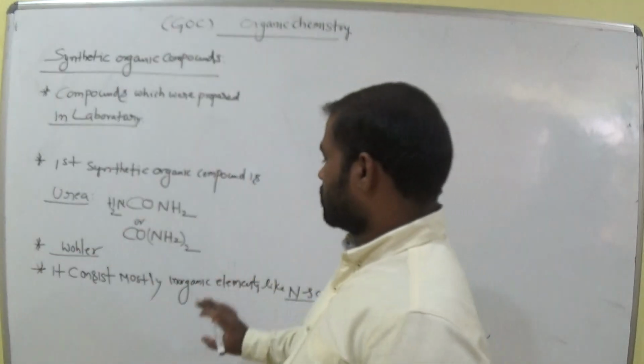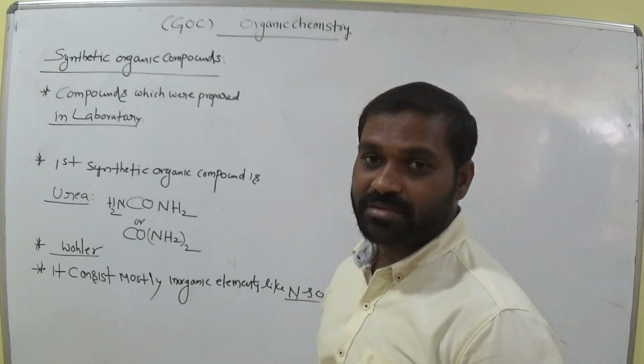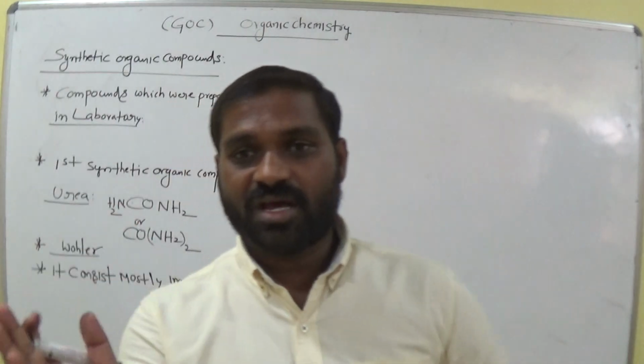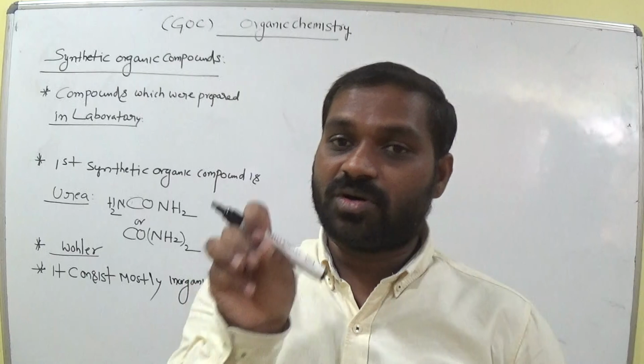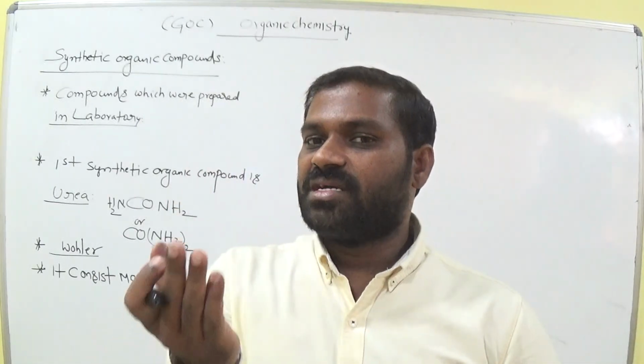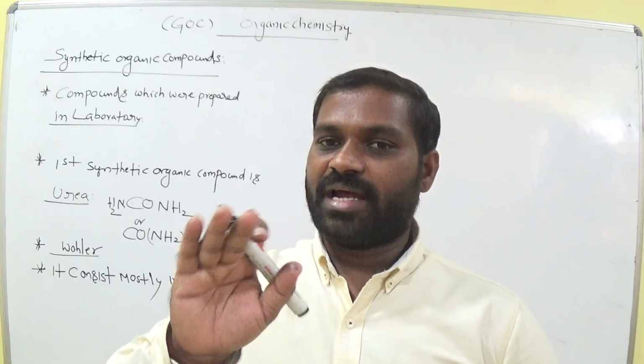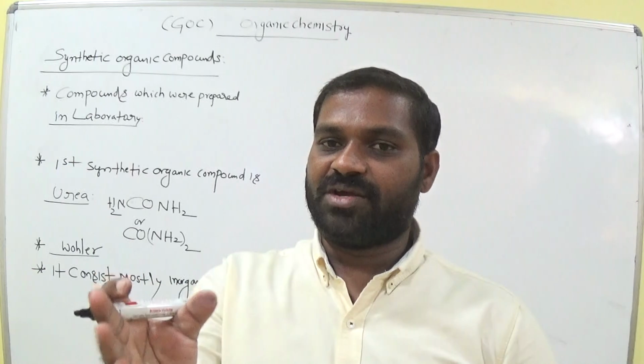So we expected this urea to be an inorganic compound. We have two types of compounds, inorganic and organic. Organic means they mostly consist of carbon and hydrogen. Inorganic means they mostly have oxygen, nitrogen, phosphorus, sulfur, hydrogen, like that.